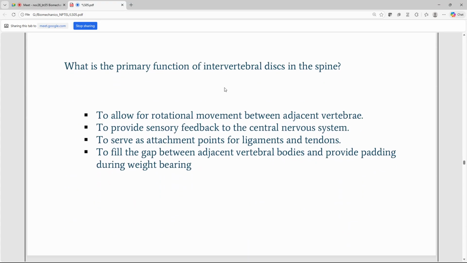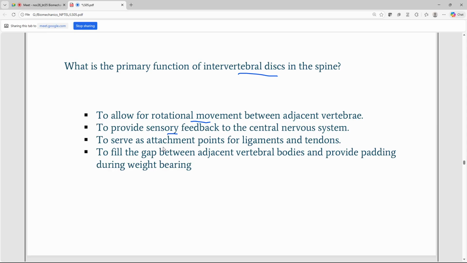The primary function of intervertebral disc in the spine. This question is from spine. What is the primary function of intervertebral discs? Options are: to allow rotational motion between adjacent vertebrae. Option B, to provide sensory feedback to the CNS, that is the central nervous system.